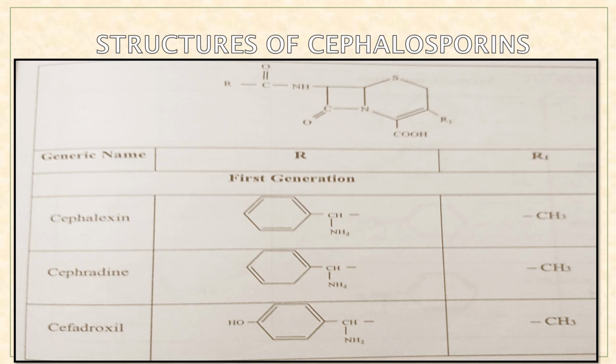In all these cases the R1 group is CH3 and the R group is a little different. In cephalexin we have a phenyl-CH-NH2 group; in cephradine, instead of the phenyl group we have a diene; and in cefadroxil we have a hydroxyl group at the para position.